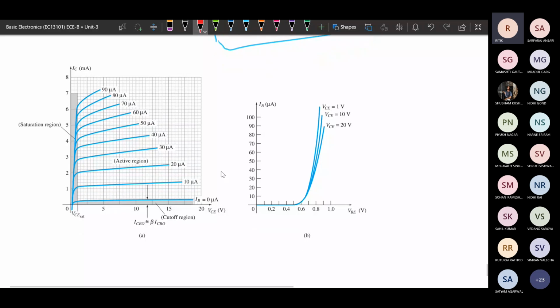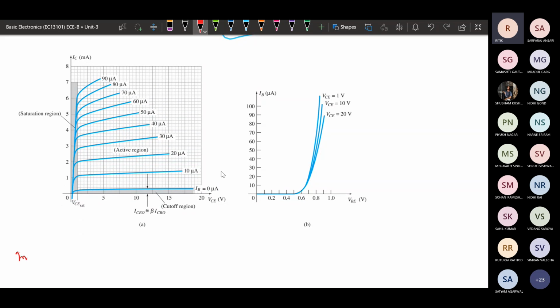But in case of common collector, we need to plot IE versus VCE for a fixed IB value.